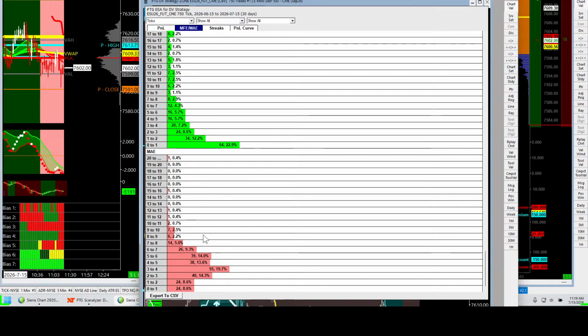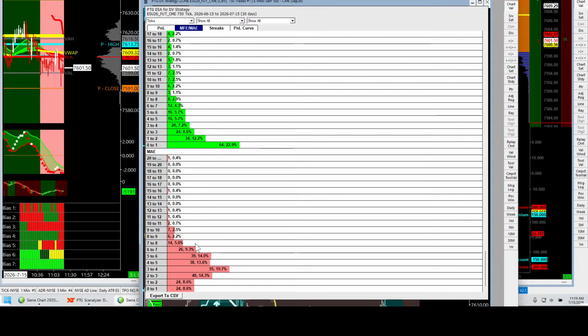But what I wanted to show you in terms of the frequency distribution is at the bottom. Again, these are the adverse excursions. In other words, after a particular entry, how far did it go? 0 to 1, 1 to 2, 2 to 3, 3 to 4, and so forth, up the scale.